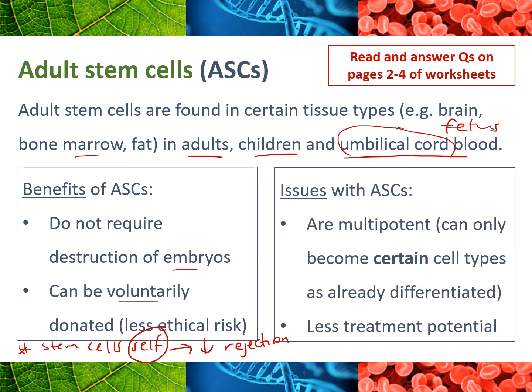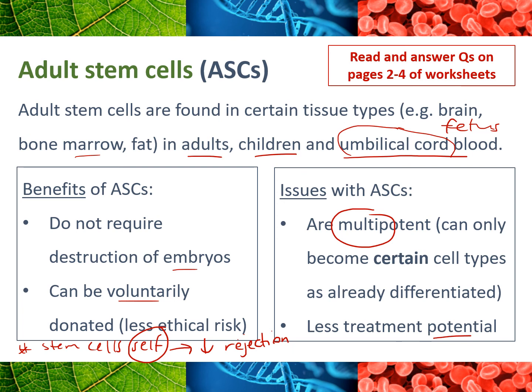The issues with adult stem cells are mainly around the fact that they are multipotent. So they've already specialized to a degree. They can still become more specialized, but they're already partway through their development, meaning there's less potential for what they can treat.